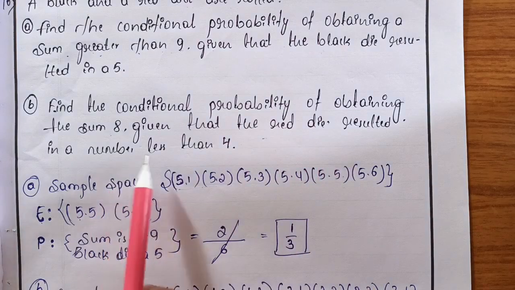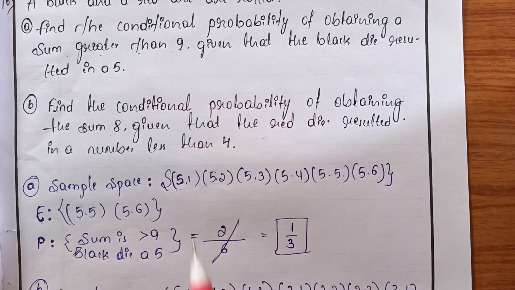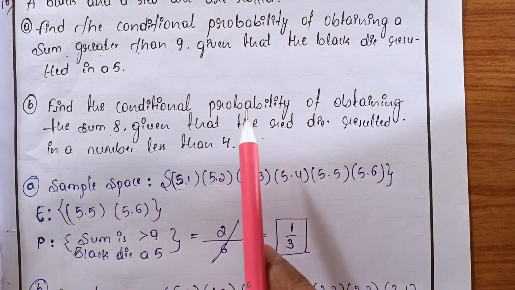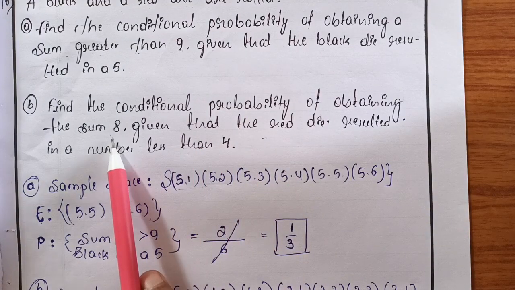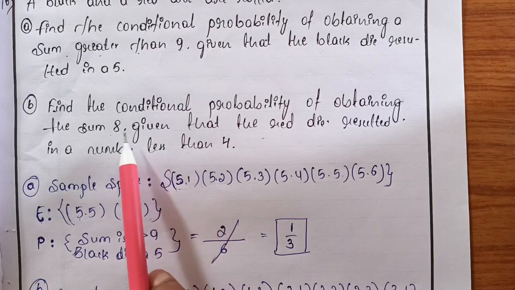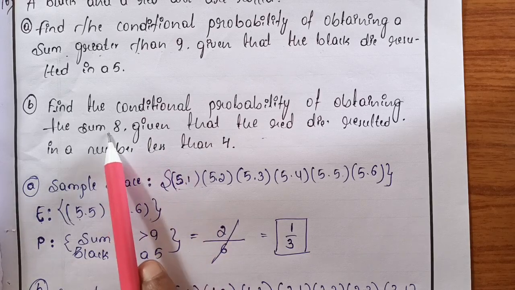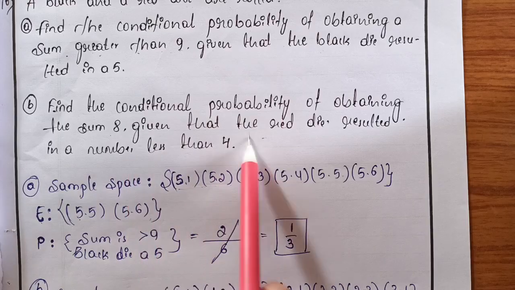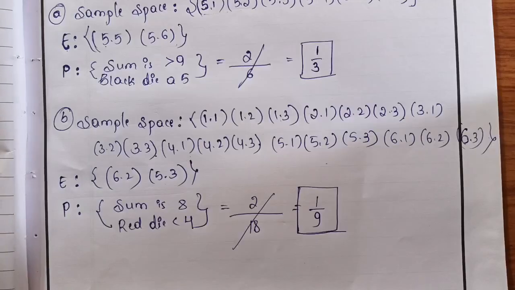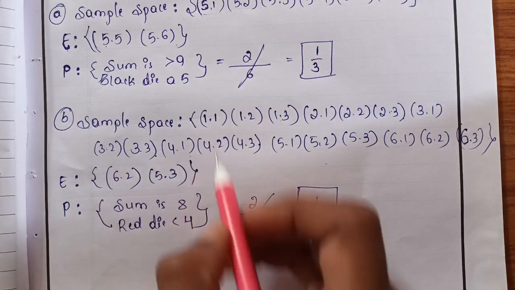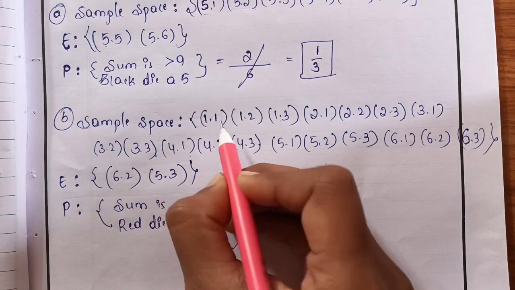And B, find the conditional probability of obtaining a sum of 8 given that the red die resulted in a number less than 4. In this question we find the conditional probability, and second, find the sum 8. What is the sample space having the sum 8 where the red die has resulted in less than 4? So for the sample space we take black die as 1 and red die 1.